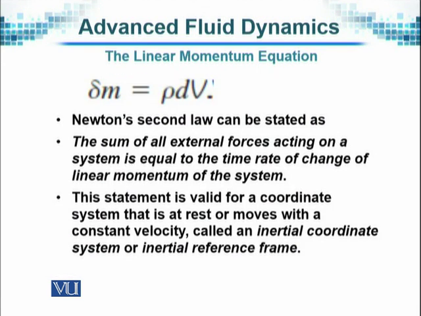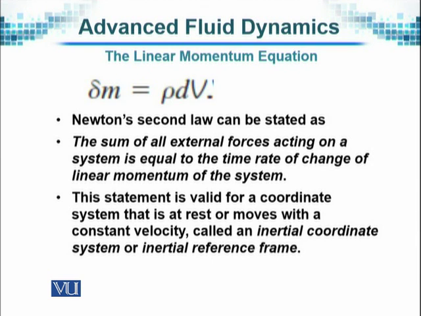A small change in mass can be written as rho into d of volume. Remember, the density is defined as mass per unit volume, and from this a small change in mass is represented here. And the second law, of course, is Newton's law.